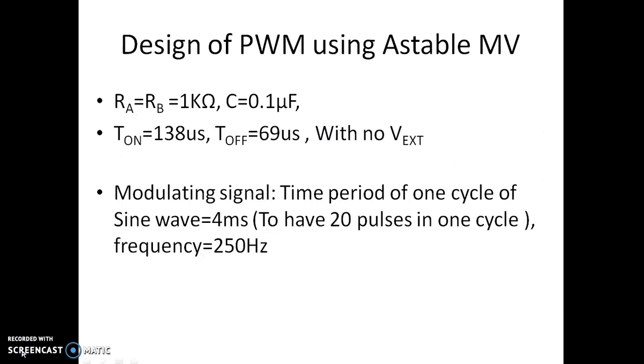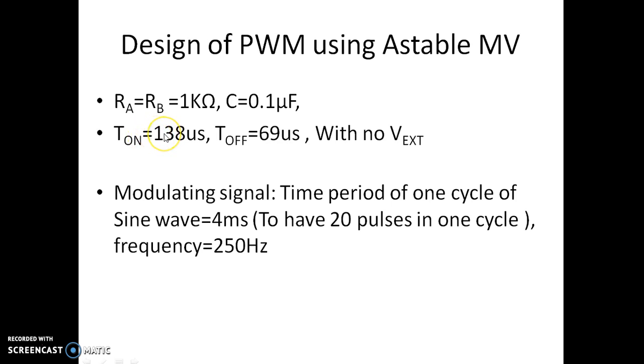And since we can change the pulse width of the on time in an astable multivibrator, it can be used as a pulse width modulator. That is, an astable multivibrator can be used as a pulse width modulator. Here we assume the values of RA and RB are equal to 1 kilo ohm and C is equal to 0.1 microfarad.